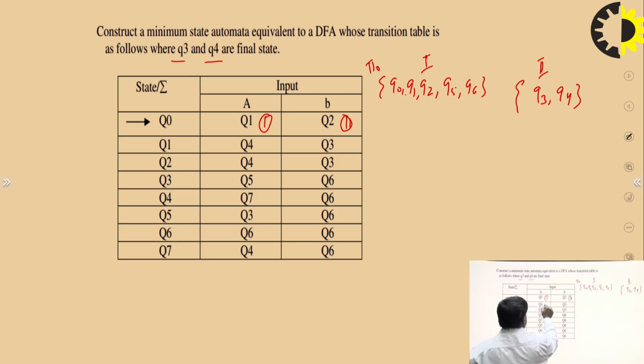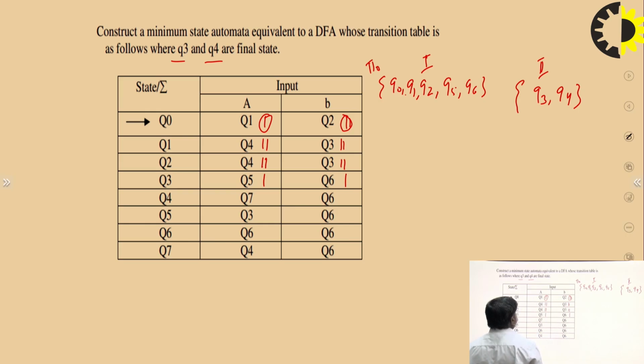Q4, that is set 2. Q3, that is set 2. Q5, that is set 1. Q6, that is set 1.